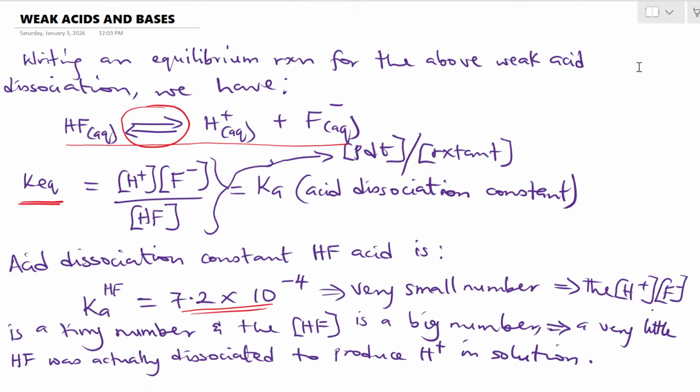So we did mention that this is a very small number, with the hydrogen ion concentration multiplying the fluoride ion concentration, while the reactant is a big number. That means a very little amount of the H plus was actually dissociated, and it's that very little that got dissociated that produces hydrogen ion in solution.